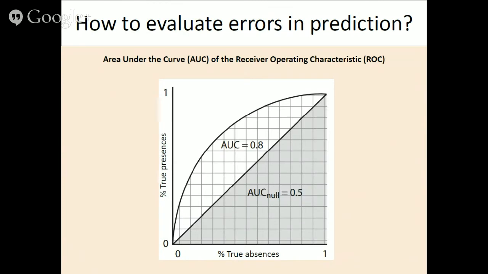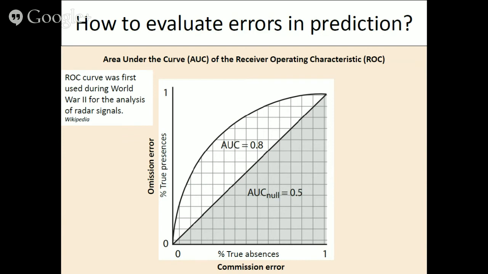So how do we evaluate the errors in continuous maps? This is a very common tool used to evaluate this kind of models, based on the proportion of true absences and the proportion of true presences. So we are using commission error and omission error. But this tool, whose name is the area under the curve of the receiver operating characteristic, was first used during the Second World War for the analysis of radar signals.